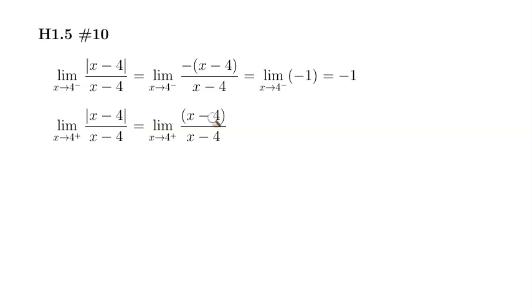So you're going to have x minus 4 over x minus 4, cancel them out, and you get 1. So you are basically taking a limit of positive 1. Of course, the limit of a constant is the same constant. You get 1, right? So let's type it in.